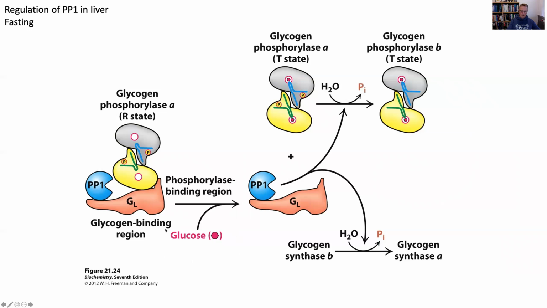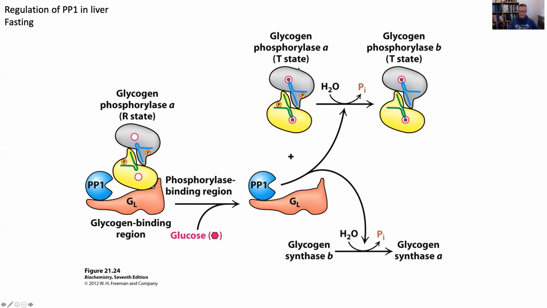Interestingly, when the glucose concentration increases in the circulation, the glucose concentration in the hepatocyte will also increase because of the high Km of the GLUT2 transporter. The increase in glucose will lead to binding of glucose to glycogen phosphorylase, which will shift the form of the enzyme from a relaxed state to a tense state.